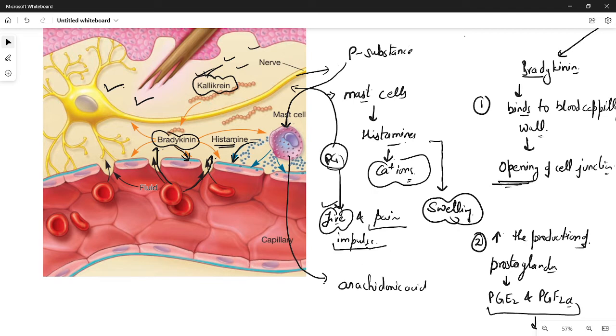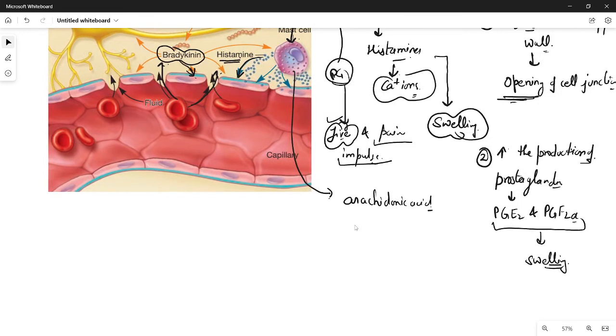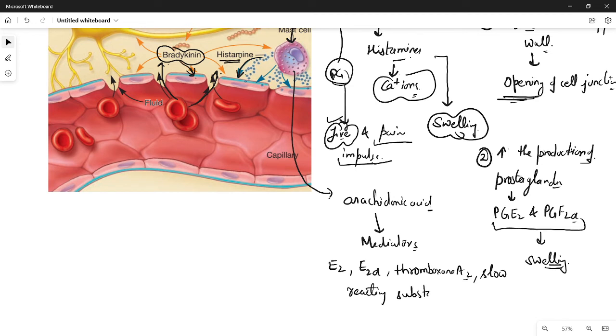Arachidonic acid is metabolized by the mast cells and produces certain types of mediators, such as PGE2, PGF2 alpha, thromboxane A2, slow reacting substances known as SRS, and leukotrienes.